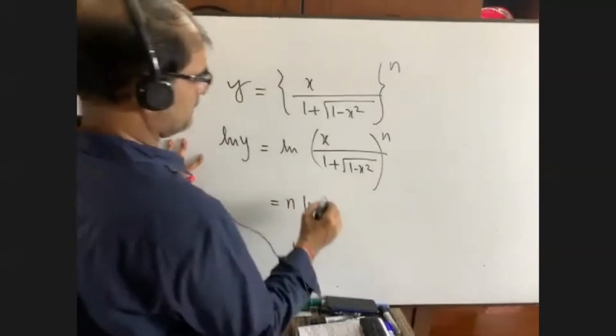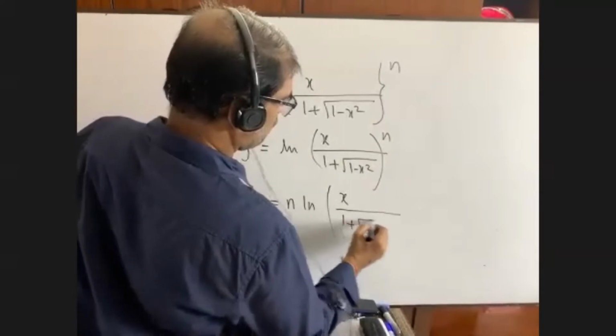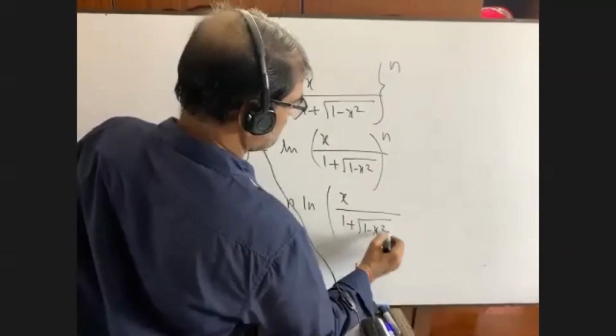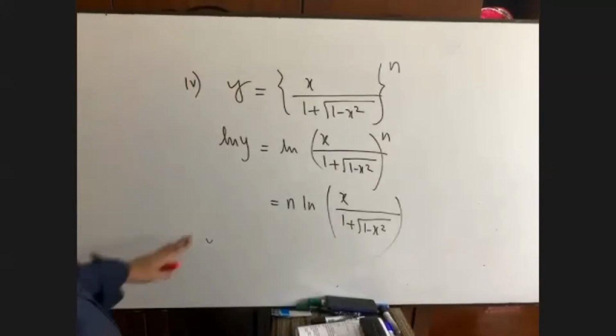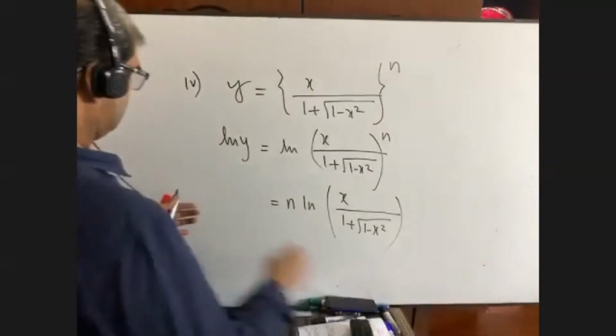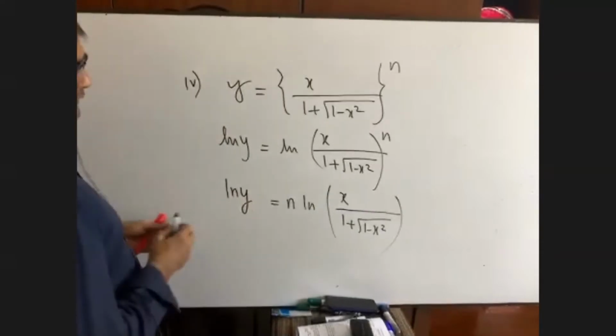Then you see n ln (x/(1+√...)). Okay, it is ln y.